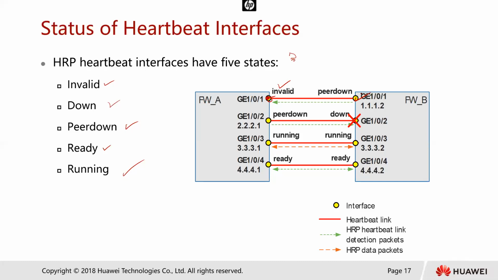So if my status is up and running, and I am able to send out those heartbeat packets, so the status is up, and also the protocol is up, but I do not receive replies from that guy, then my link, or the state, will be in a state called peer down. And then there is another one called down.